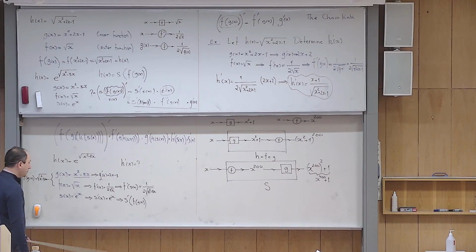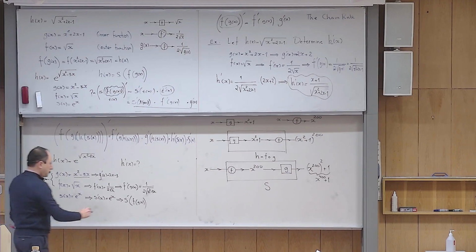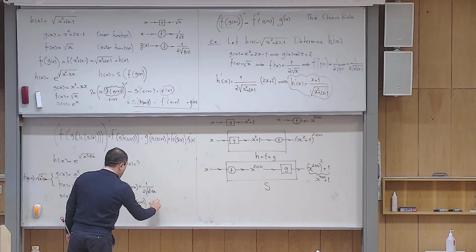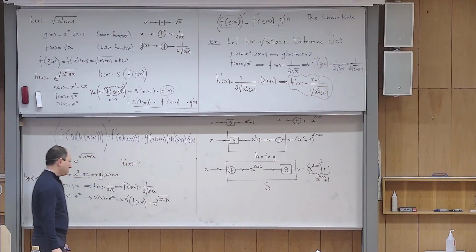But what is s prime of x? S prime of x is this guy. When I say s prime calculated at this, it means that I need to replace the x in s prime with this combination. But that combination is this. So finally, it means I replace x in s prime with that. Yes? So the answer becomes e to power square root of x squared minus 3x.